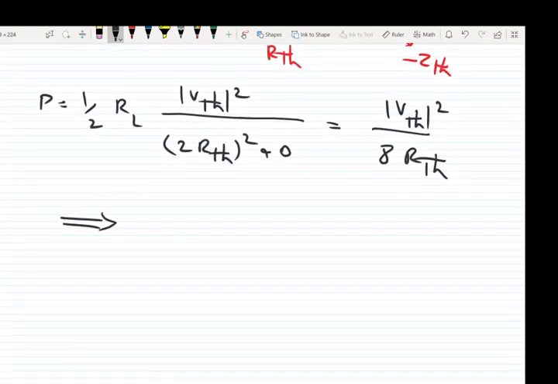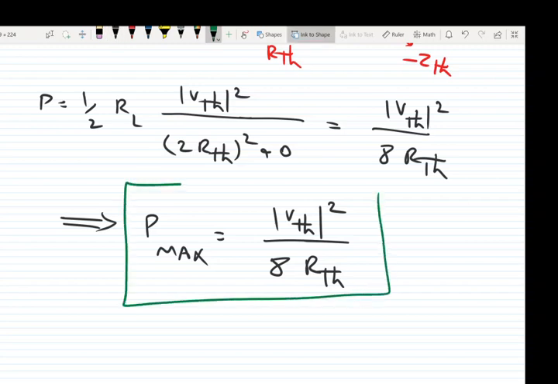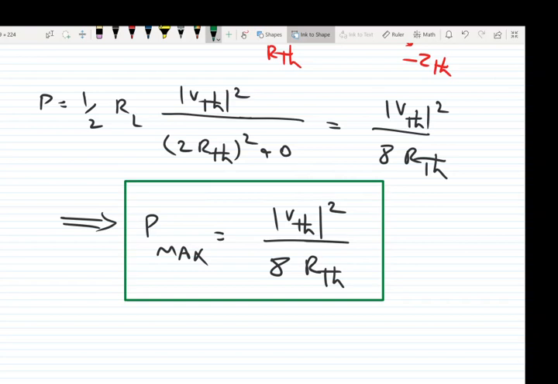So P max is equal to V Thevenin squared over 8R Thevenin. This is the maximum power delivered to a load.